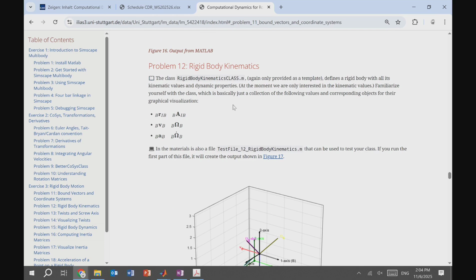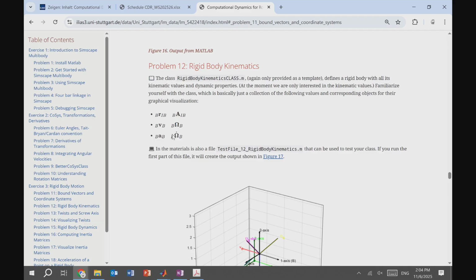or extend a file that is called rigid body kinematics. So this is a class that describes the kinematics of a rigid body, which basically means it's a collection of a position of a point, orientation of a body fixed coordinate system, and then for vectors, linear and angular velocity, linear and angular acceleration.